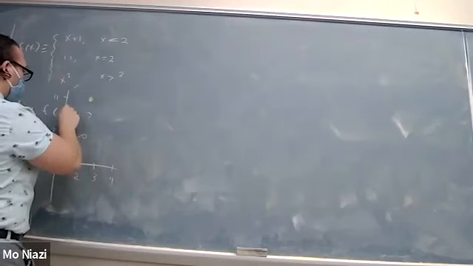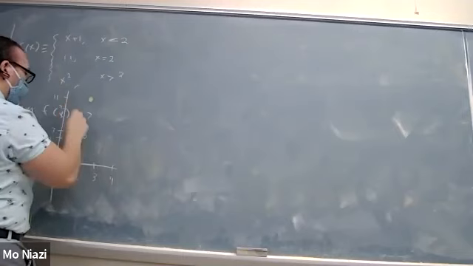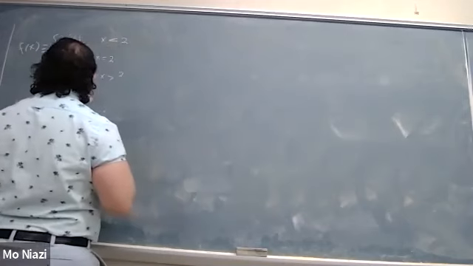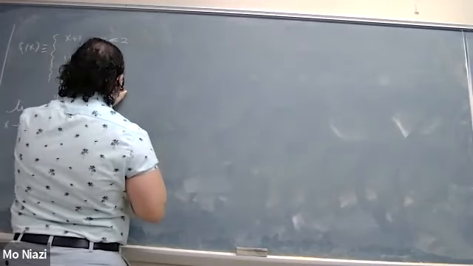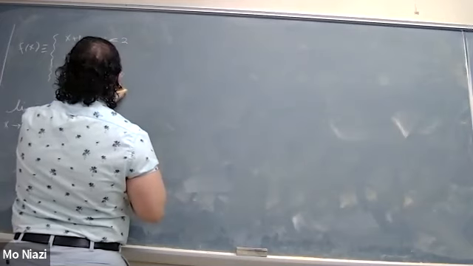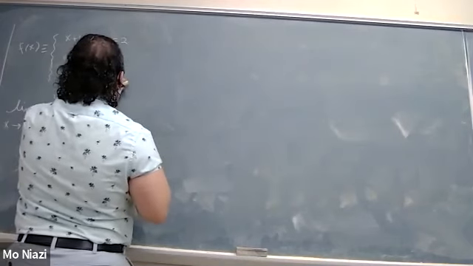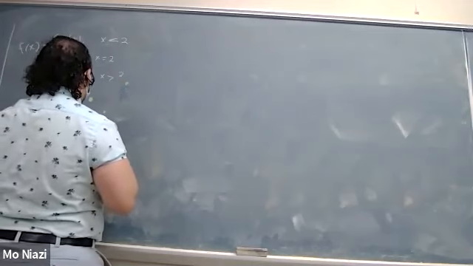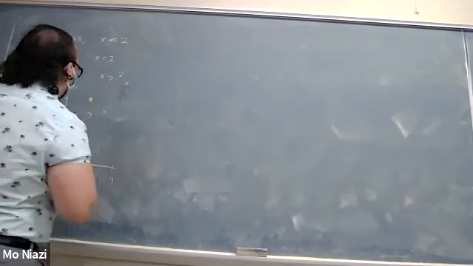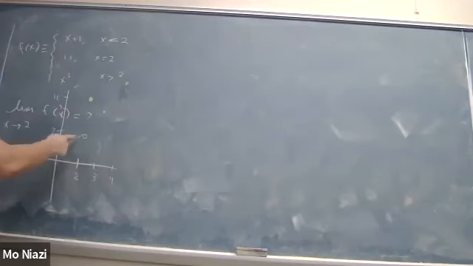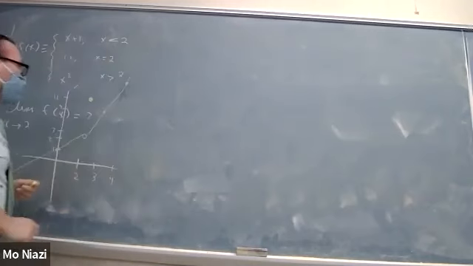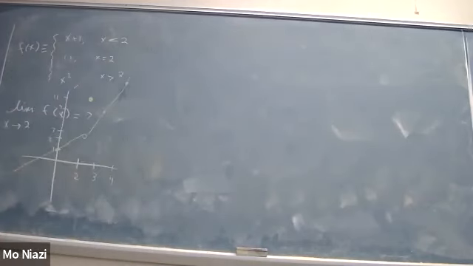Let's say 9 is right here. And 4 squared is 16, so it will be up here. Maybe a little higher. And so we can see that from here on out, it's also not defined at 2. So there's the hole, but right past the hole, we can continue the function like so. So this yellow is our f of x.